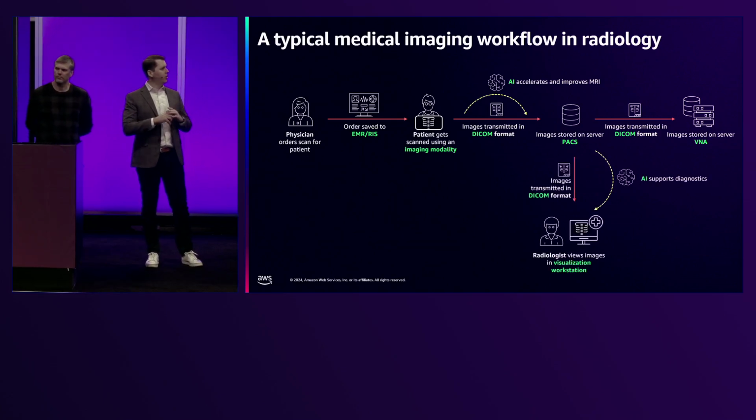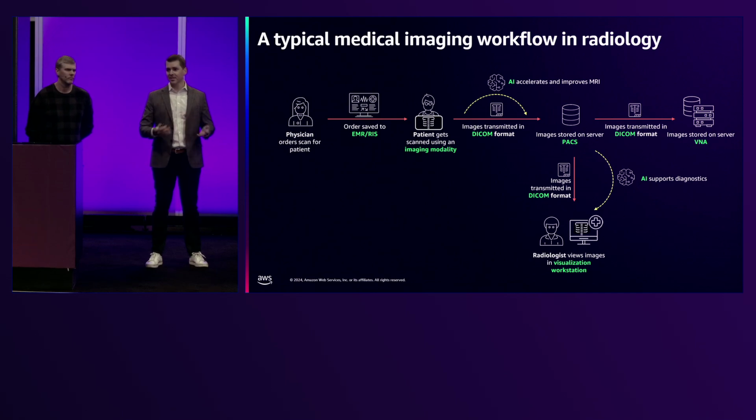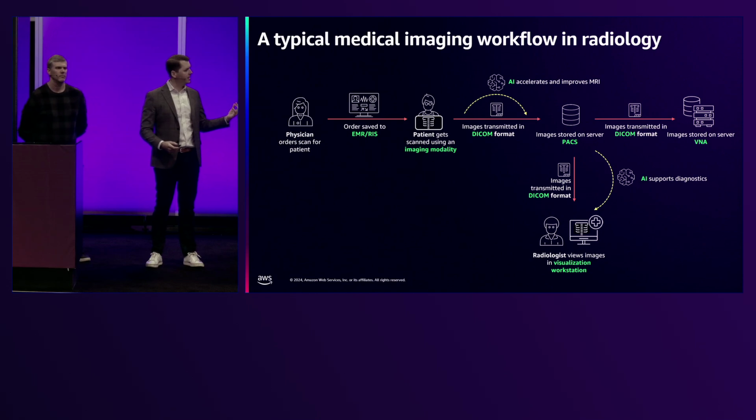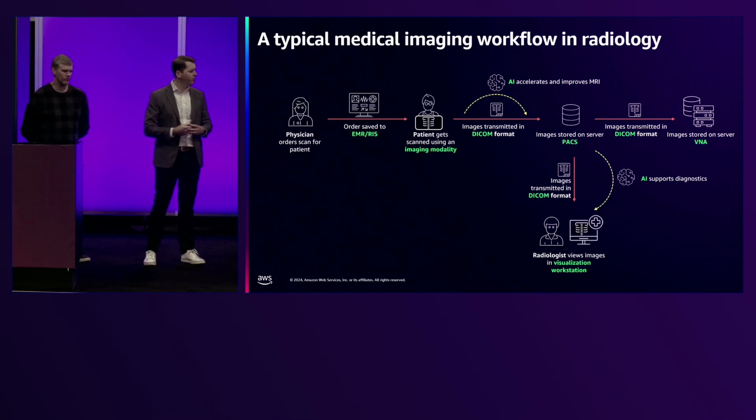And then once the image has been moved to storage, now we have to talk about imaging. If you're a radiologist wanting to start to look through these images, and in many cases, like we mentioned earlier, tens if not thousands of images, those typically get pulled down from the PACS system. Sometimes they have a viewer built into it. Sometimes there's a separate viewing station that these radiologists work from.